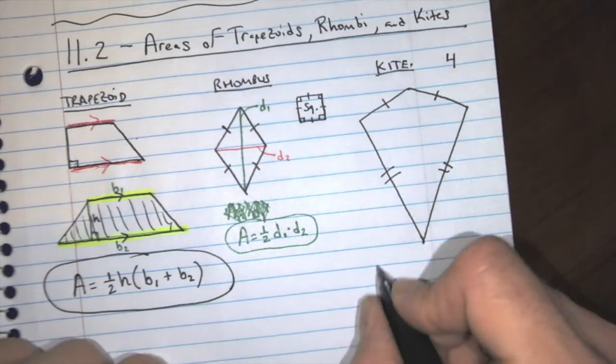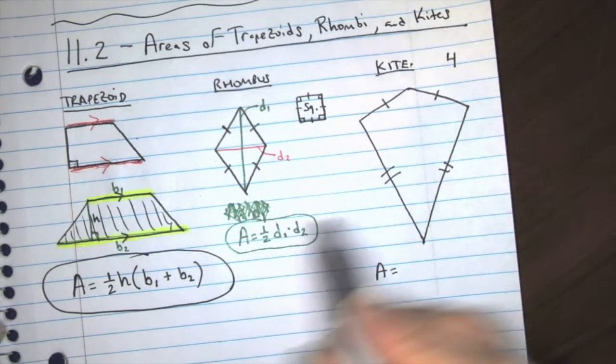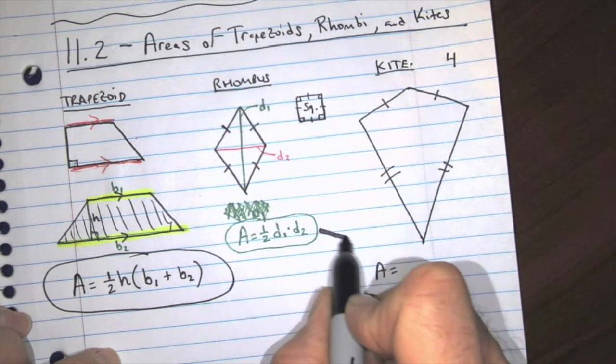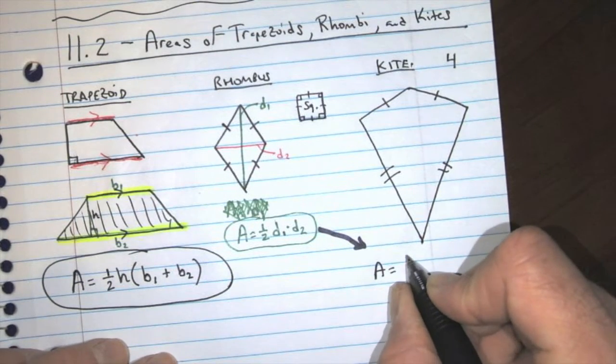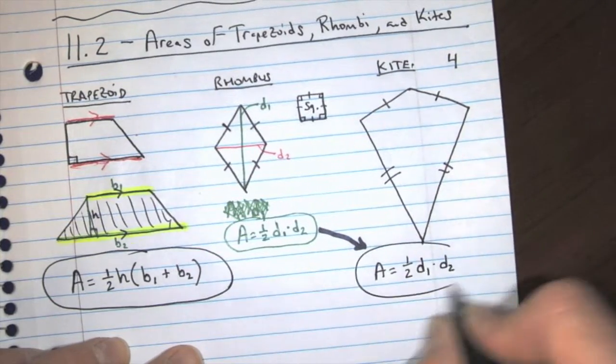Okay, area equation. That's what we're talking about today. The area of a kite. I love this one. Because if you love the rhombus equation, the area equals 1/2 d1 times d2, you are going to love the kite area equation. You know why? Because it's the exact same thing.